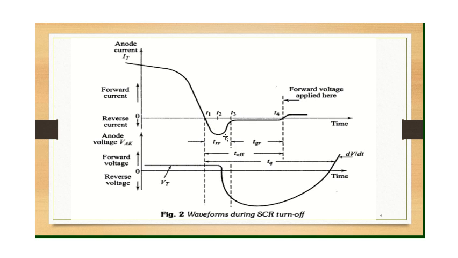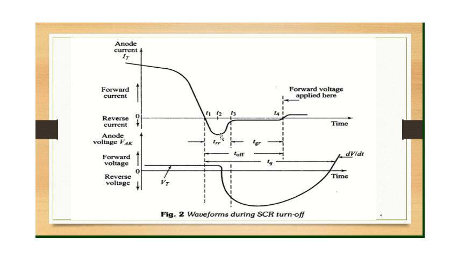It continues to decrease, but after some time after applying reverse voltage, you can see that slowly the anode current is now rising up. Why is that? Because when you apply reverse voltage, junctions J1 and J3 are able to block the reverse voltage, and the recombination of the charge carriers at junctions J1 and J3 has taken place.